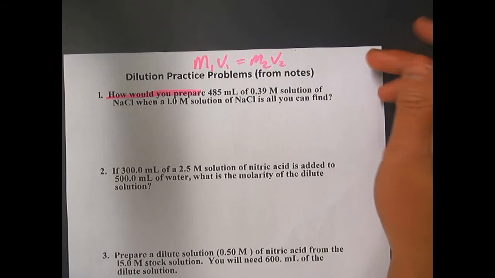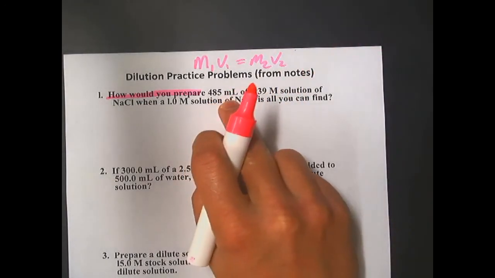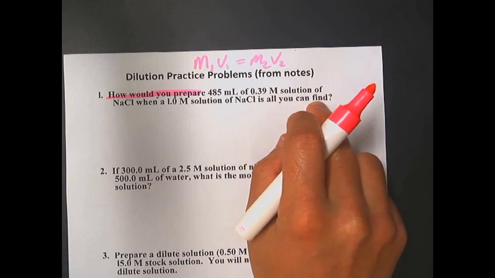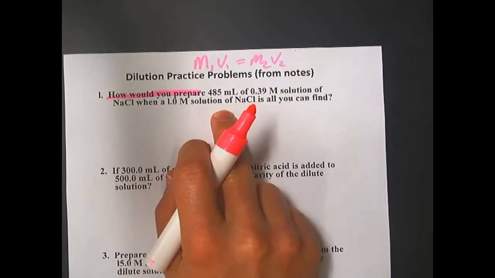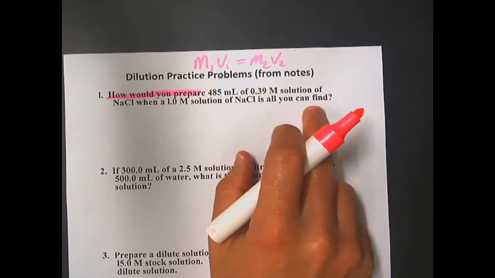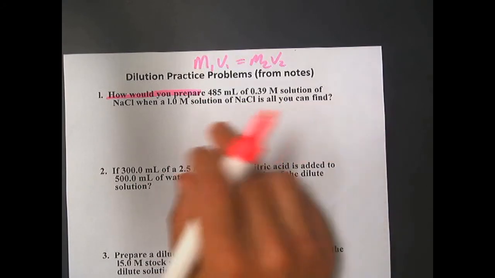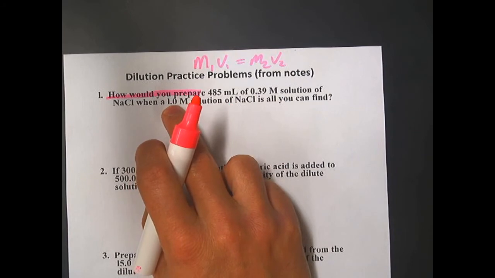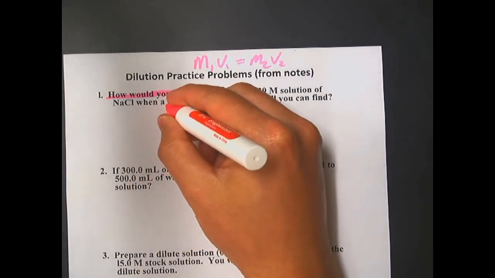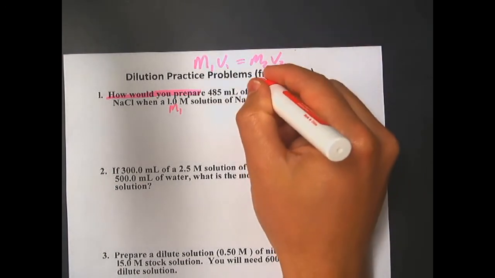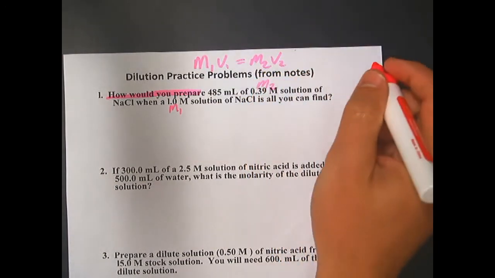All right, so it says, how would you prepare 485 milliliters of a 0.39 molar solution when a 1.0 molar solution is all you can find? All right, so this is more concentrated, so I'm going to call this M1. This is less concentrated, so I'm going to call this M2.